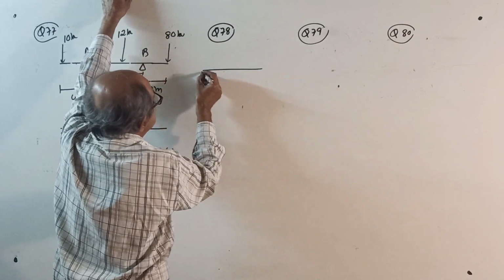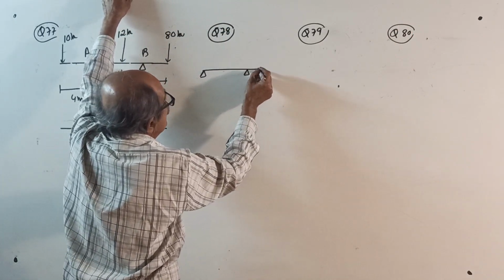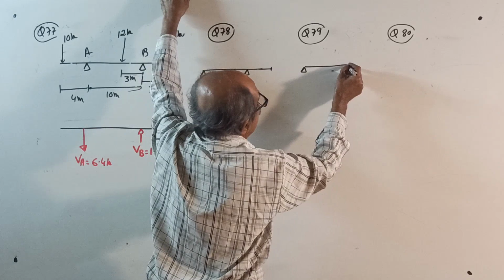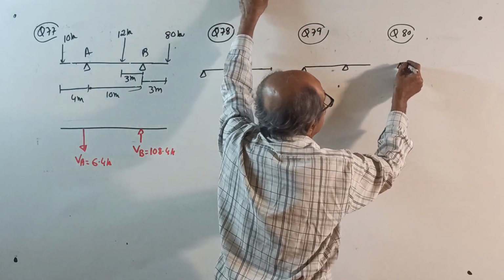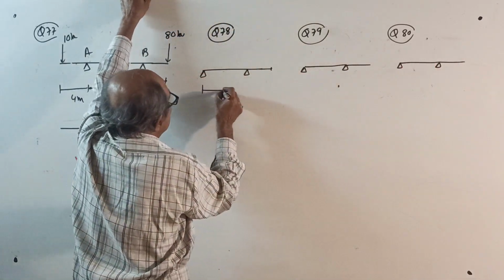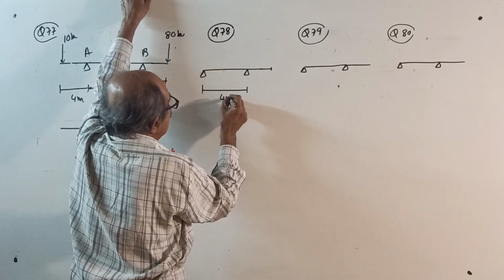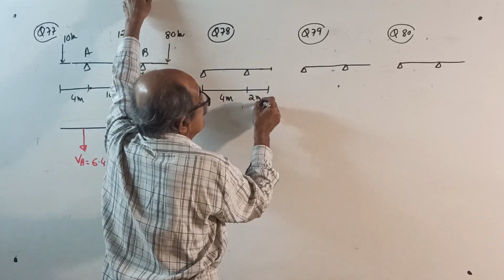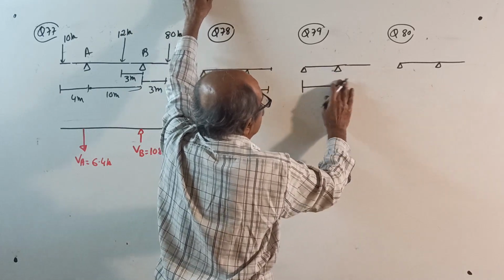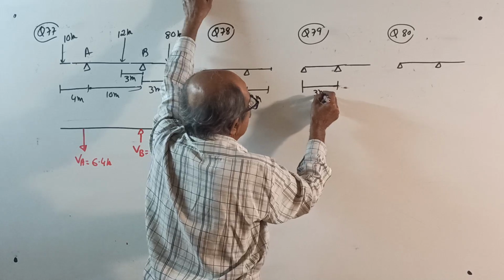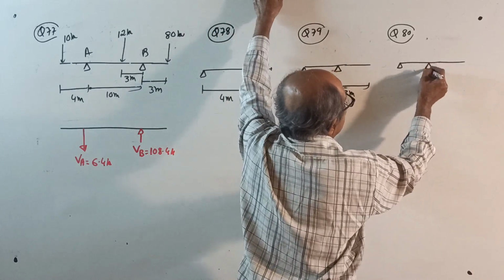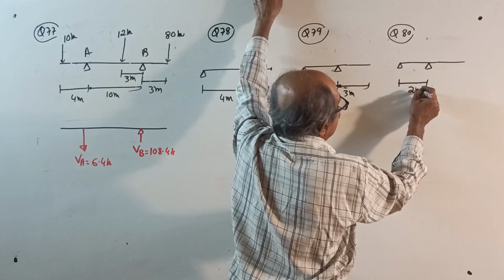All 3 are right overhang, out of scale: 4 meter and 2 meter; 3 meter and 3 meter; 2 meter and 3 meter.